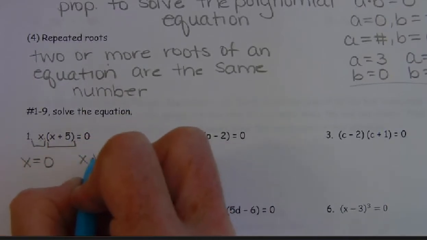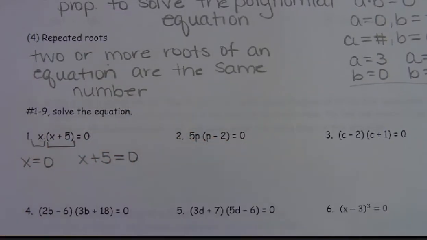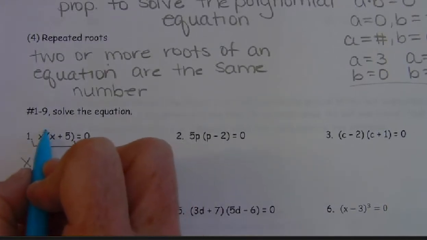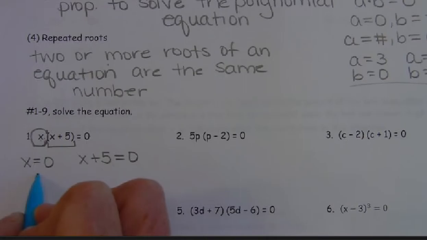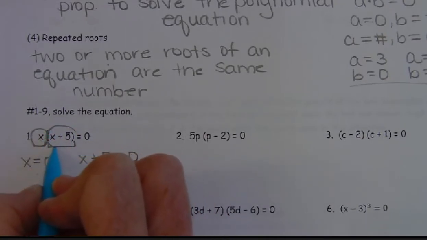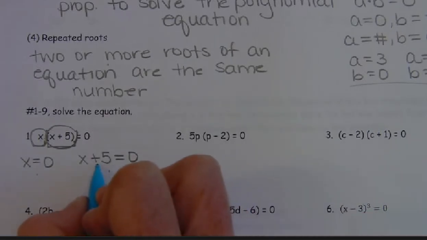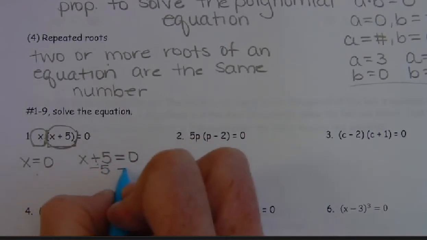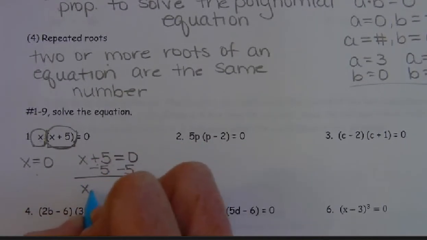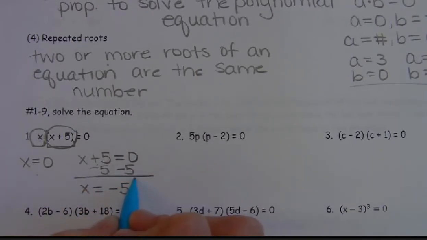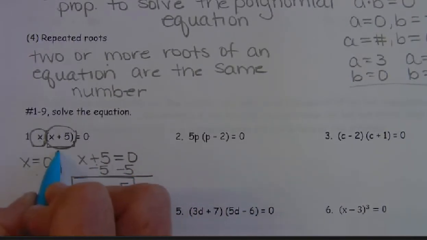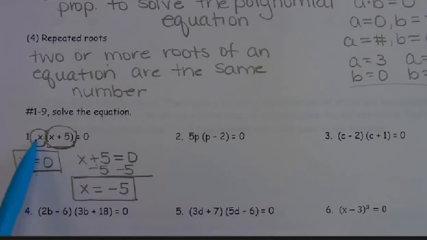Or if x plus 5 equaled 0, I could also get 0. So what I'm doing is taking my first chunk and setting it equal to 0, and taking my other chunk and setting it equal to 0, and solving this. So the way I solve this is I subtract 5, and I get x equal to negative 5. So my two ways of solving this, x could either be 0 or x could be negative 5, and that would get me a solution of 0.